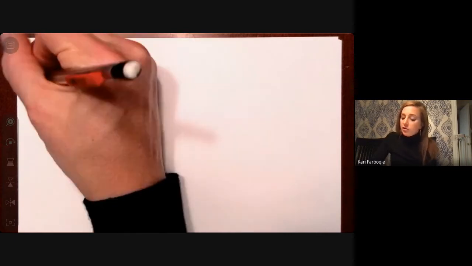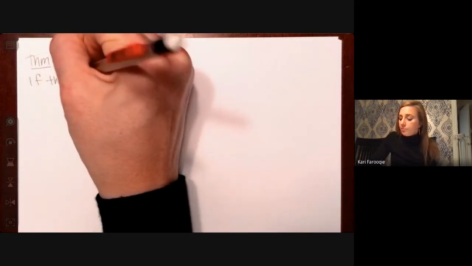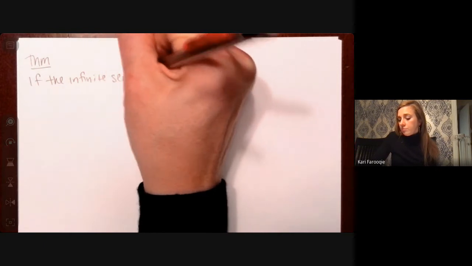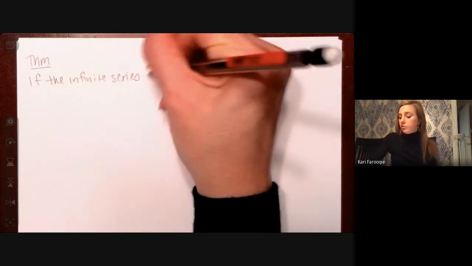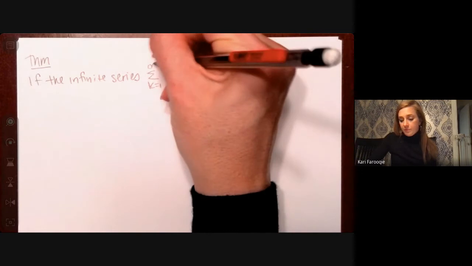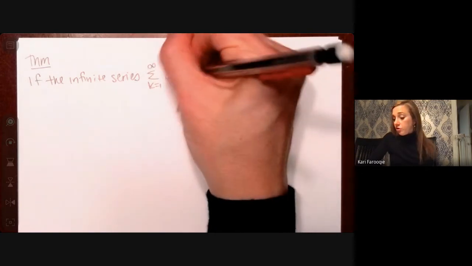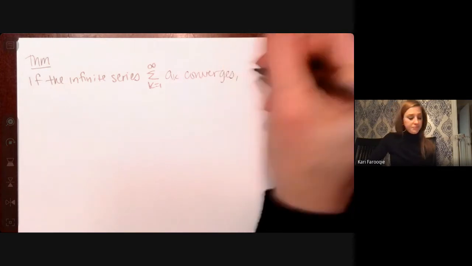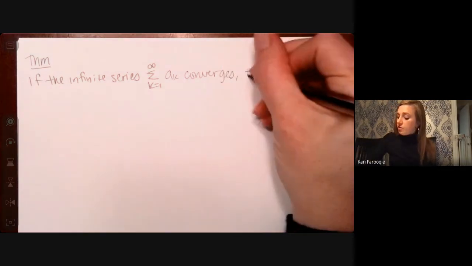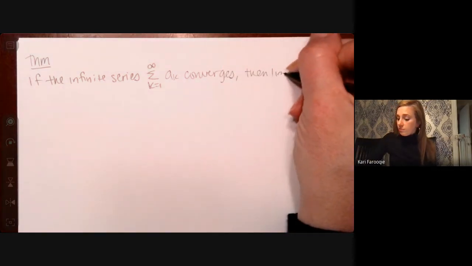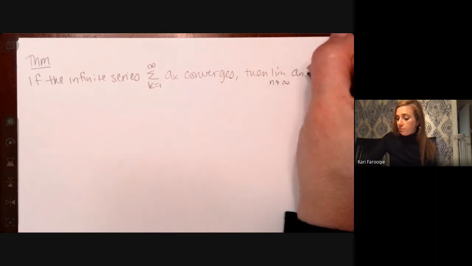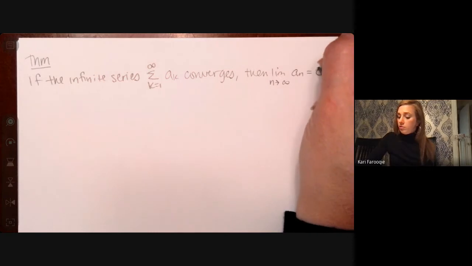If the infinite series, and the series goes from 1 to infinity of a sub k converges, then the limit as n approaches infinity of a sub n equals 0.